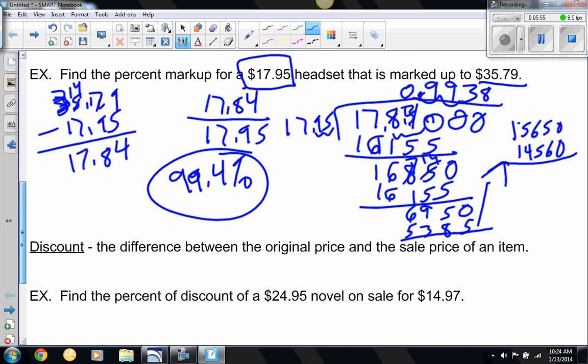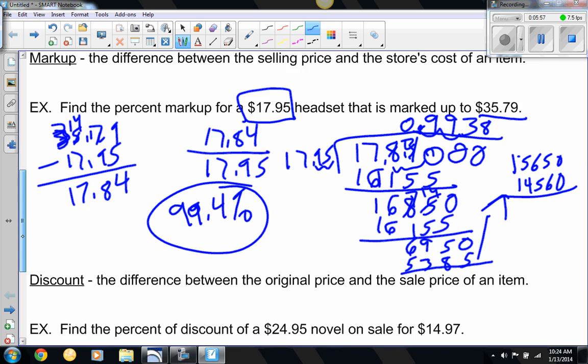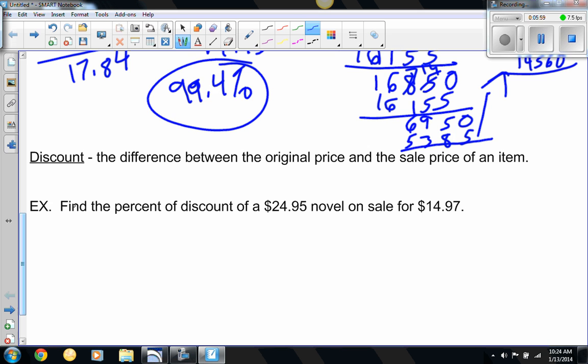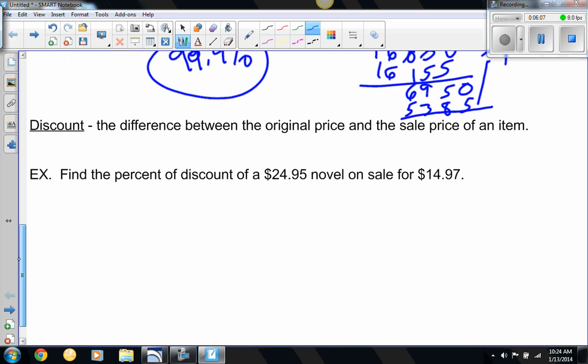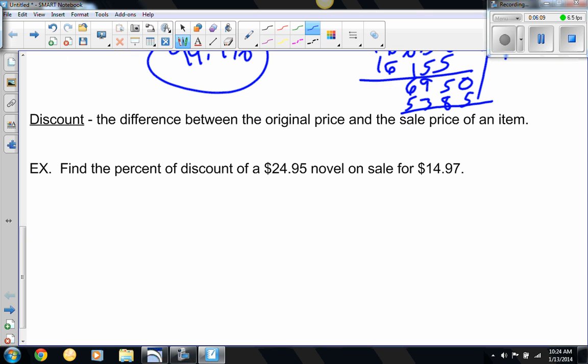So that's markup, and then you also have where you could go the other direction with it. Instead of marking it up, you could have a discount. The difference between the original price and the sale price. So say there's a 20% off sale or whatever, right? You could also use this same formula to find the discounts. So here, find the percent of discount of a $24.95 novel on sale for this much.